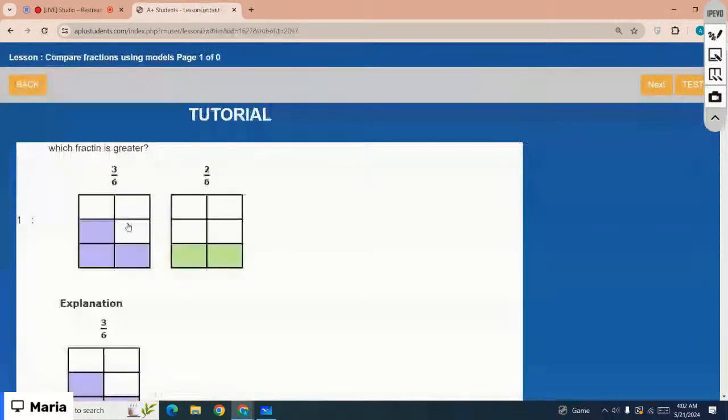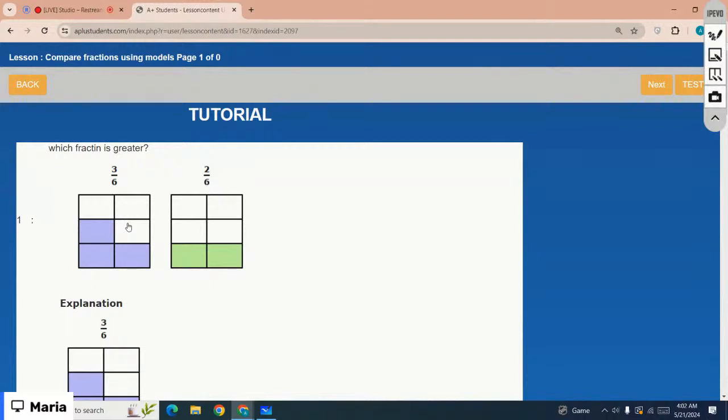Okay, which fraction is greater? So you are given two models. The first model represents 3/6 and the second model represents 2/6. You have to see which is greater, right? So the one is 2 by 6, right?